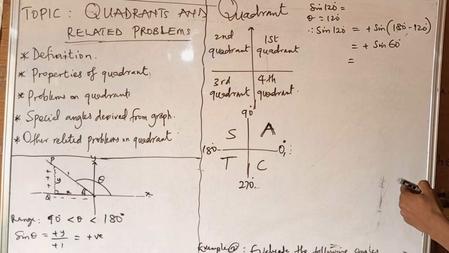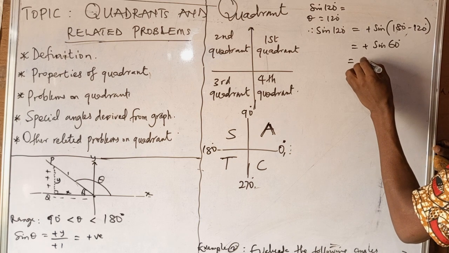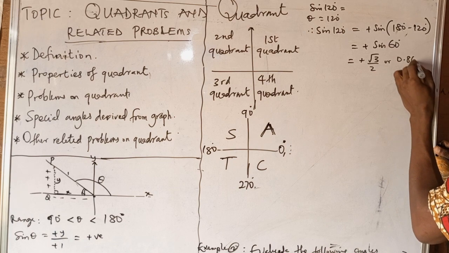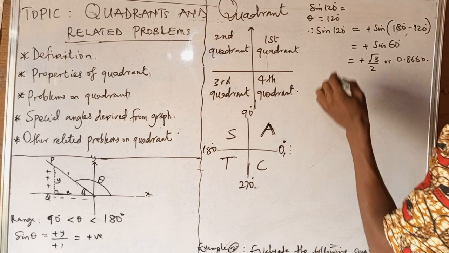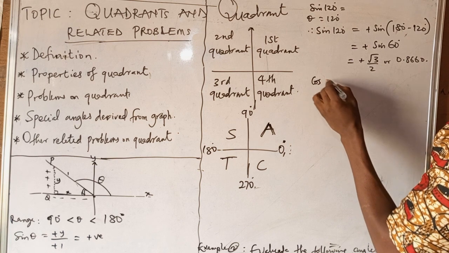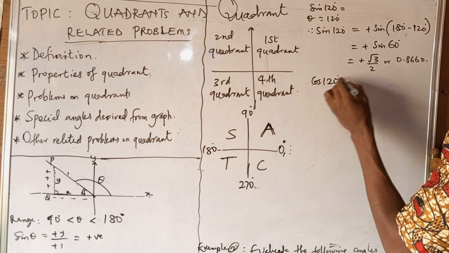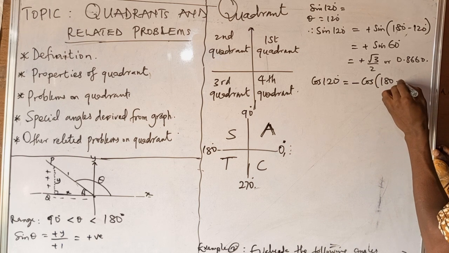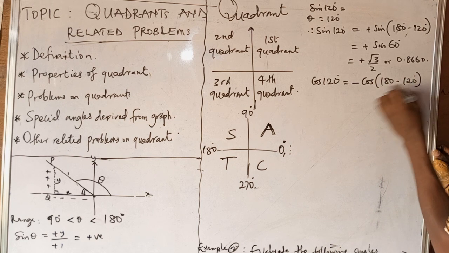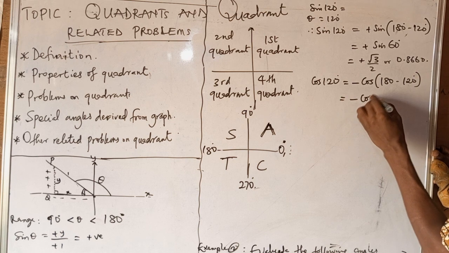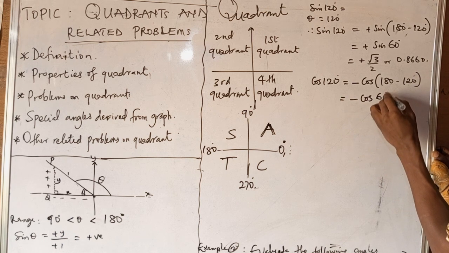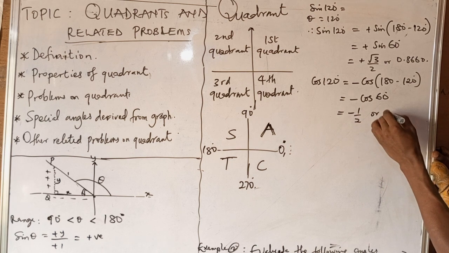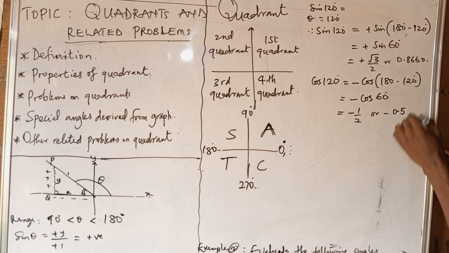And based on our trig ratio, sine 60 degrees is plus the square root of 3 over 2, or 0.8660. Then similarly, cos 120 degrees is equal to minus cos into 180 degrees minus 120 degrees, which gives us minus cos 60 degrees, and that is equal to minus 1 over 2, or minus 0.5.